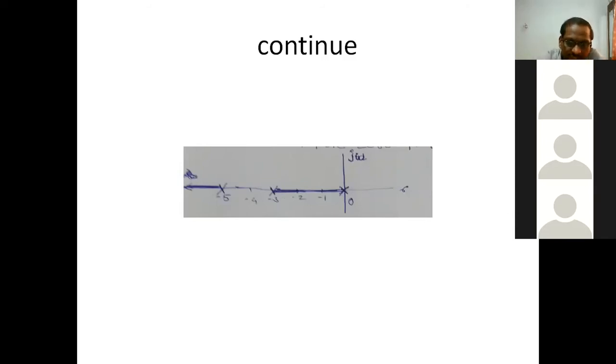For that, we will check the summation of poles and zeros to the right side of all points in between 0 and -3, whether that summation is odd or not. So if you consider any point in between 0 and -3, let us say -0.1, which is just left of s = 0. Now if we consider -0.1, then to the right side of that point, how many poles and zeros are there?